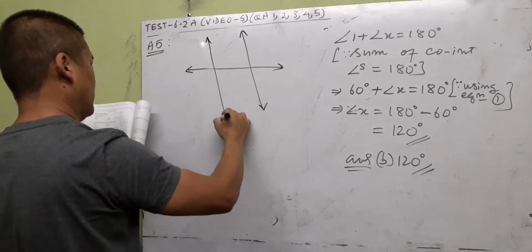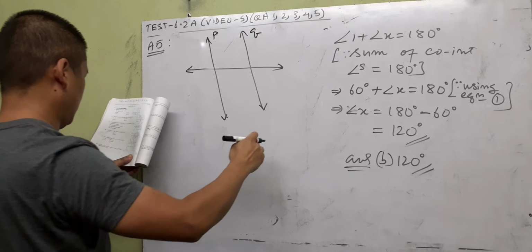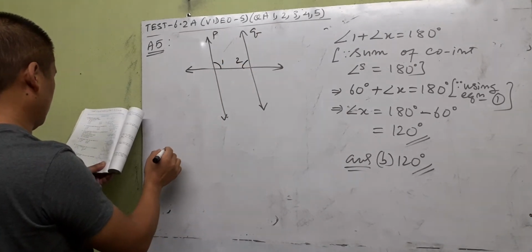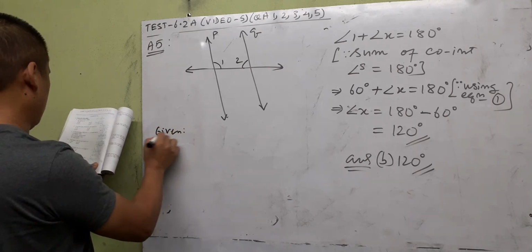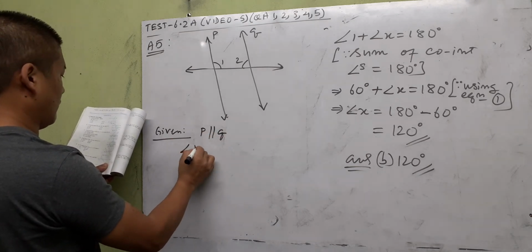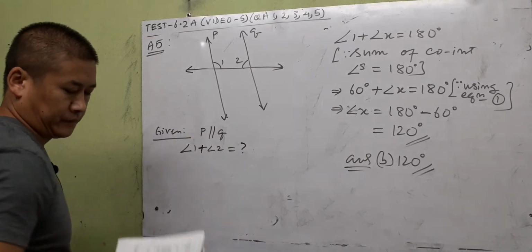These two are parallel, which are P small and Q, this whole line. This is angle 1, this is angle 2. So here, given to us is P is parallel to Q, then angle 1 plus angle 2 will be equal to how much we have to find.